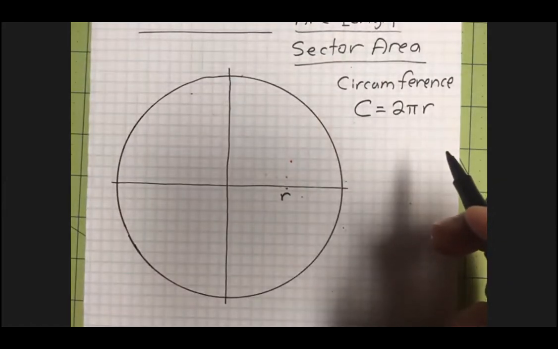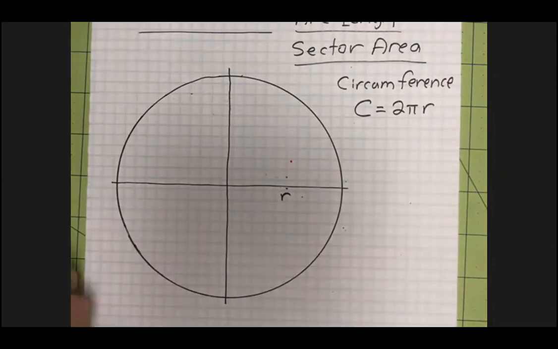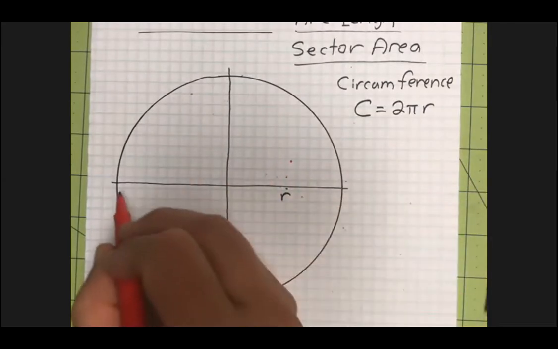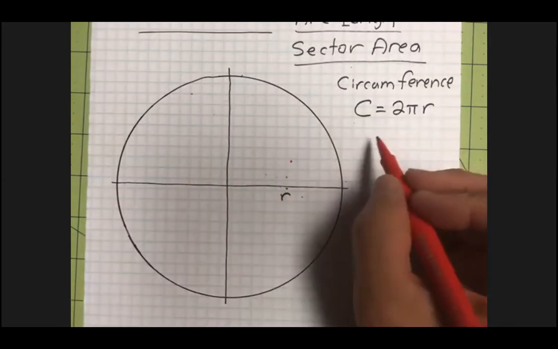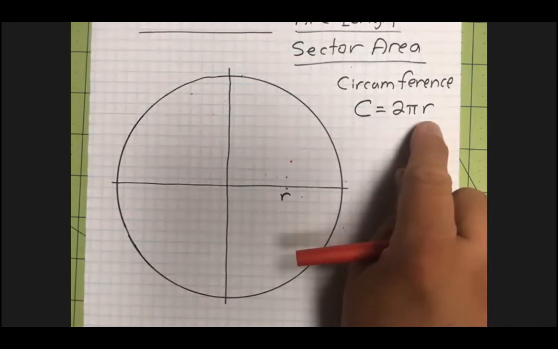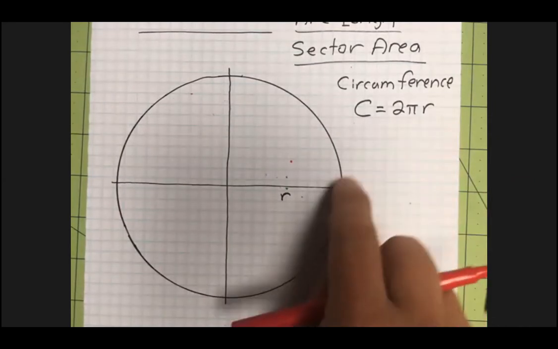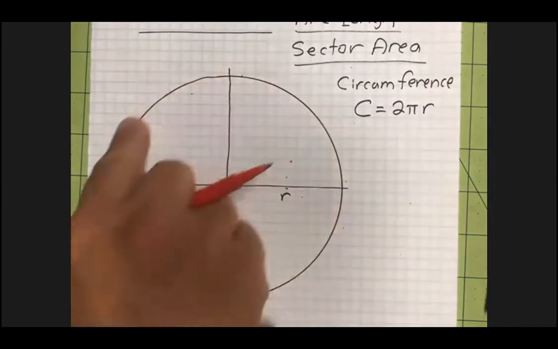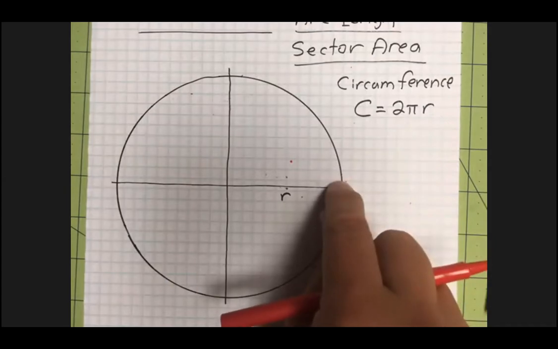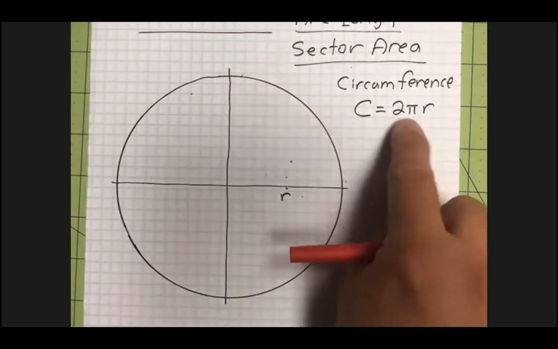But what if you only went part of the way around the circle? What if you only went halfway around the circle? Well, then you would take half of 2 pi r, right? So this distance walking around half of the circle is pi times the radius. What if you only went a quarter of the way? Well, then you would divide by 4.